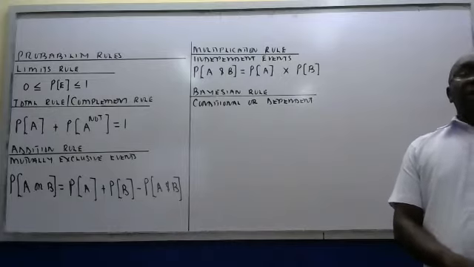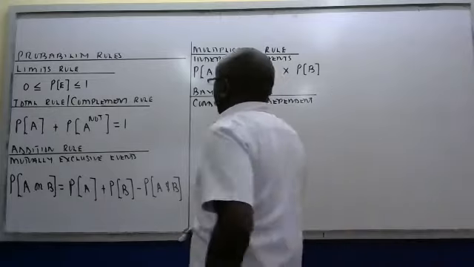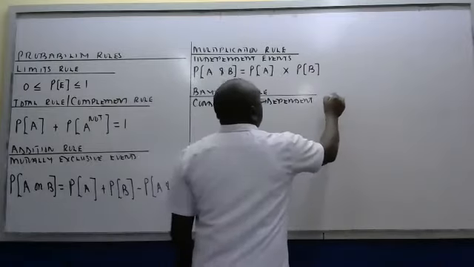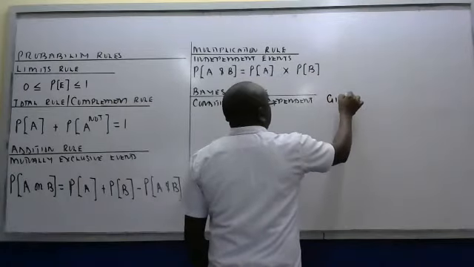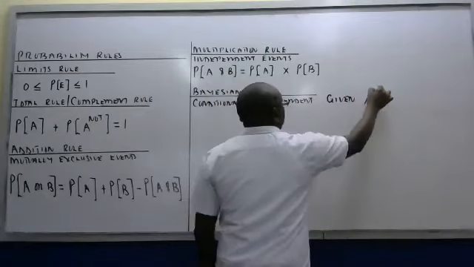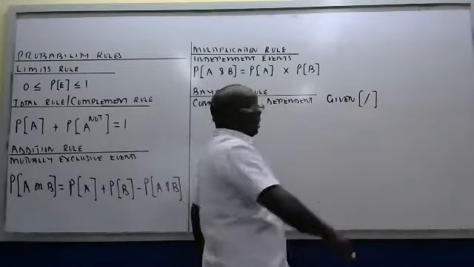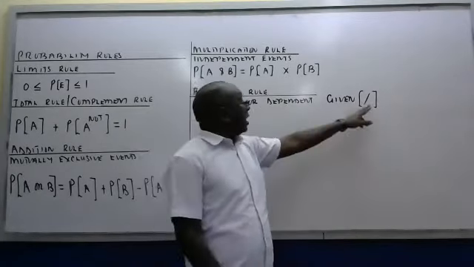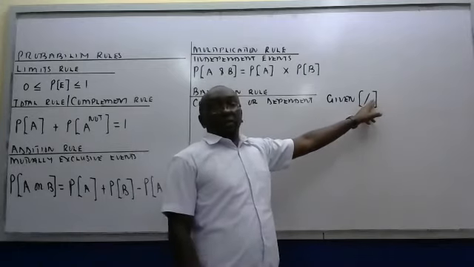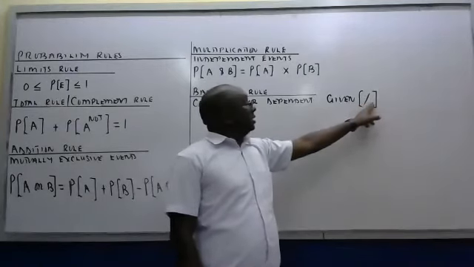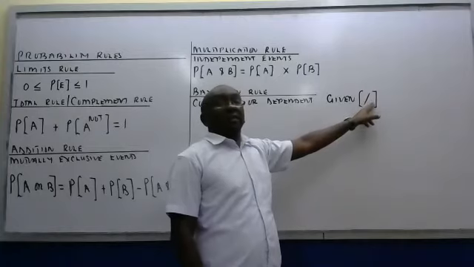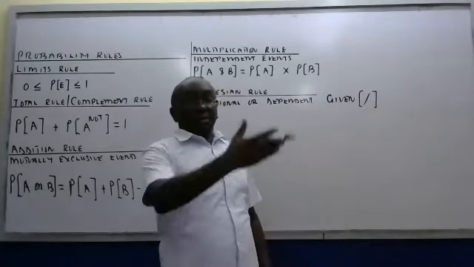They are described by the word "given", and then you put it in brackets with a slash, like this one. So this one, when you see it in probabilities, is read as "given".